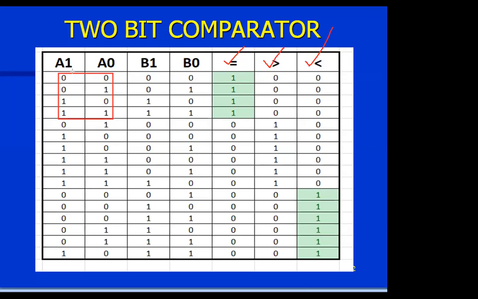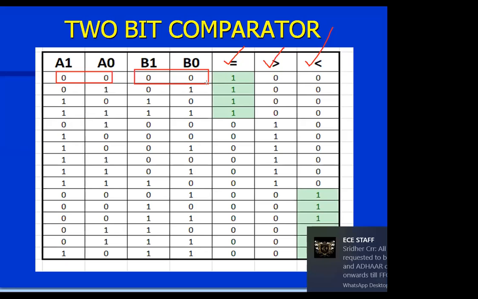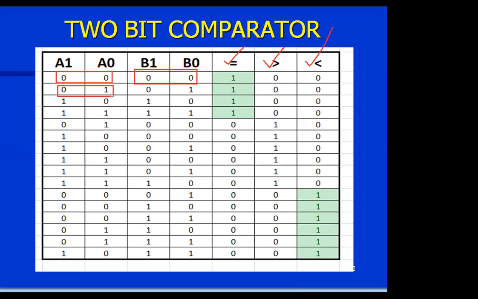If you check here, I am taking the value of A equals 0 and all the equality values. You can observe carefully the 4-bit combinations. In this condition, A equal to B. Similarly, the second one, 0 1 and 0 1, this condition is also A equal to B. And similarly, 1 0 and 1 0, here also A equal to B. Therefore, the output we are writing is A equal to B. And the last condition, when both the A bits are 1 and both the B bits are 1, here also the output equals 1.